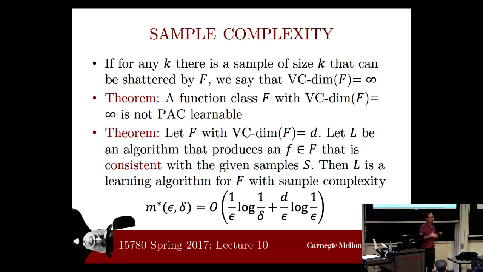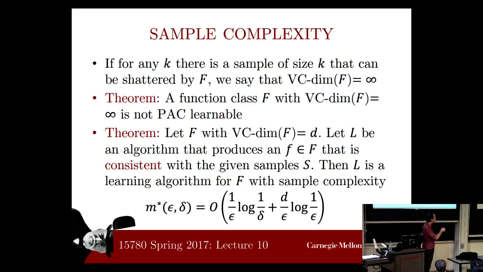Such a function exists because we are in this realizable case where our target function is in the function class. So all your learning algorithm has to do is produce some function that is consistent with the examples that you saw. And if you do that, then L is actually a learning algorithm according to the definition that we saw.